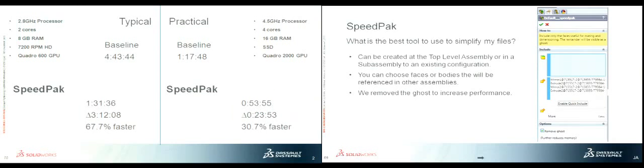So what we end up with as far as our results go, our speed pack ran 67.7% faster in our typical setup. Our practical was 30.7. You can probably see a little bit less than that if you don't use the remove ghost. But it's pick and choose at that point in time. Choose what's going to work best for you, test it out, see what each of those options does for you.